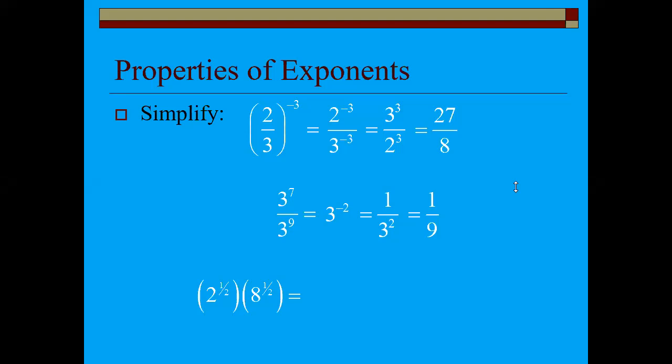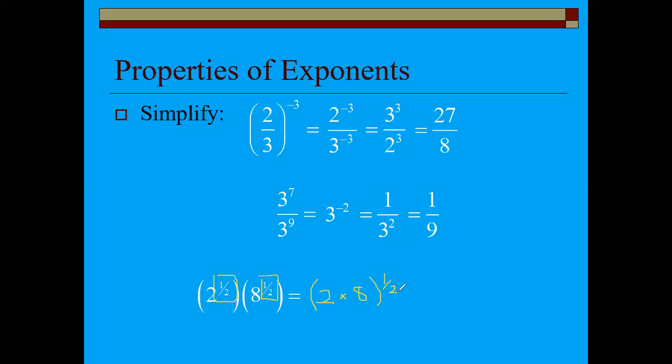Or if you like, this can also be written as, you see, the indices are the same, half and half, same index. So we could also write 2 times 8 raised to the power, the common index, which is what? Half. And so this is the expansion we could have.